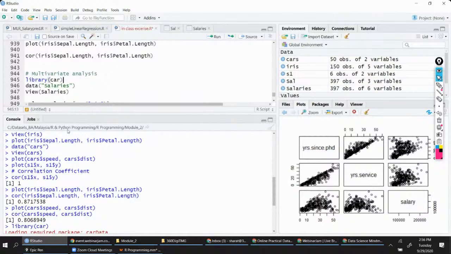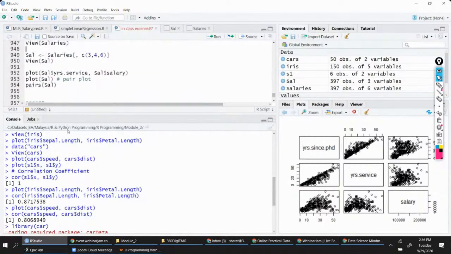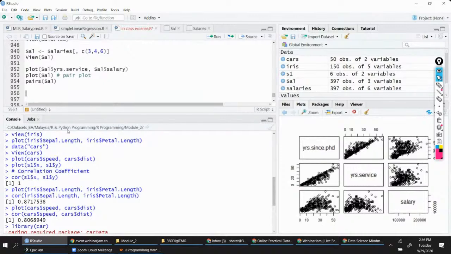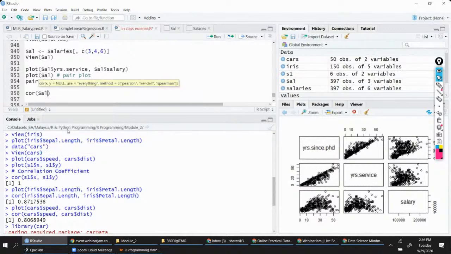For the scatter diagram, we said plot of x comma y is a bivariate visualization. Plot of the entire data set is nothing but your pair plot. Same way, I can use correlation on the entire data.